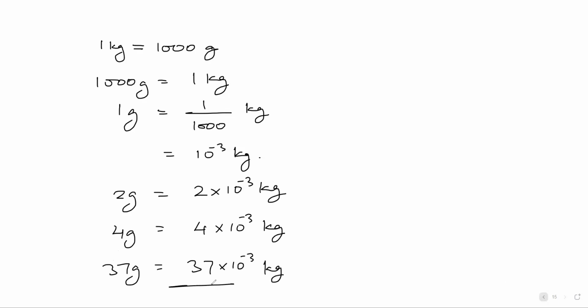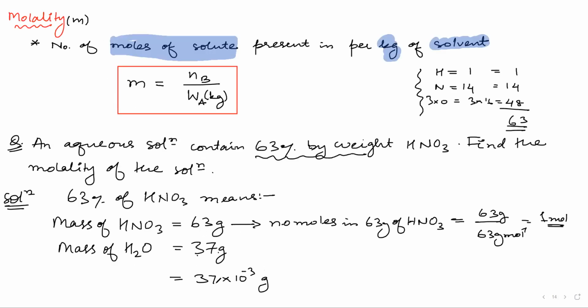So molality will be equal to 1 mole divided by 37 into 10 to the power minus 3 kg. So this 10 to the power minus 3 will go above. This will be 1 by 37 into 10 to the power 3 mole kg inverse. You can write this answer.